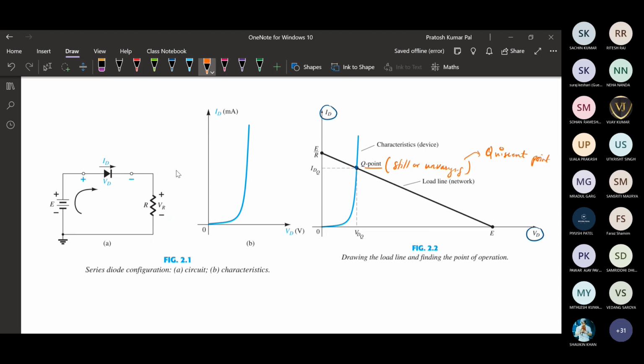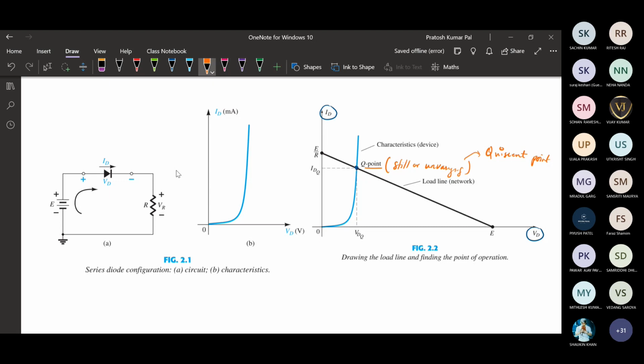Quiescent point means the point that will not be changing. Once we have applied the DC voltage to the diode, this is the point at which we will analyze the properties or characteristics of this diode. At this particular point, what is the current flowing through the diode and what is the voltage drop across it? That is basically the DC diode characteristics for an applied DC voltage.